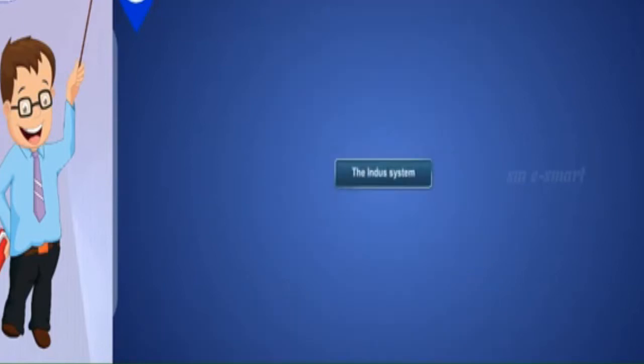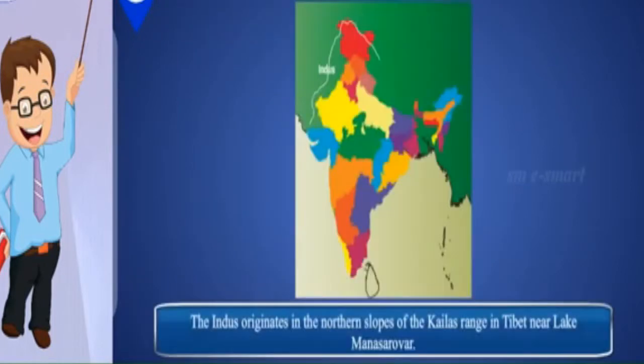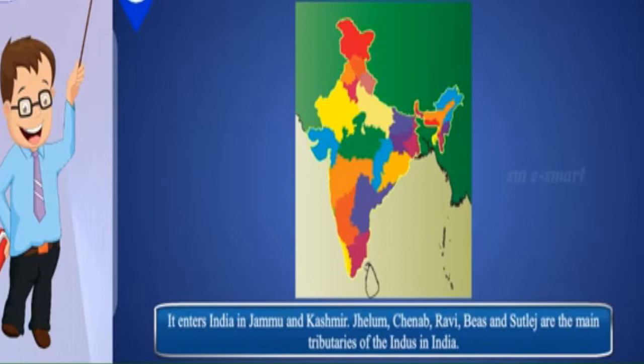The Indus system. The Indus originates in the northern slopes of the Kailash range in Tibet near Lake Manasarovar. It enters India in Jammu and Kashmir. Jhelum, Chenab, Ravi, Beas, and Sutlej are the main tributaries of the Indus in India.